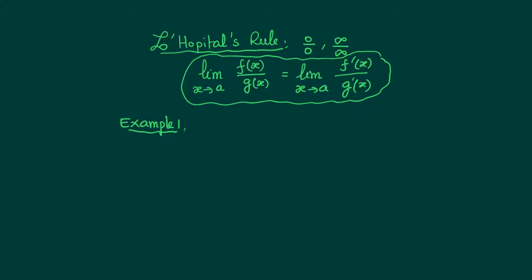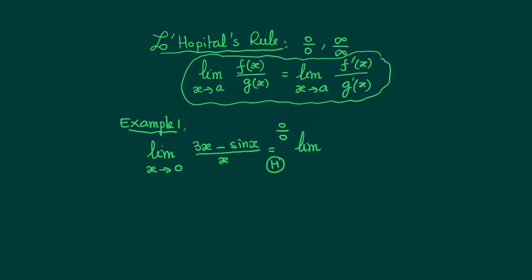Suppose I want to find the limit of 3x minus sine x over x as x tends to 0. Well, if we substitute, we clearly see that it will give us 0 over 0. So we can use L'Hopital's rule.